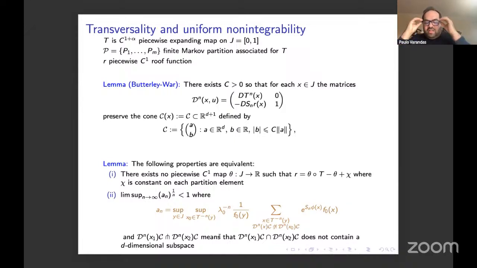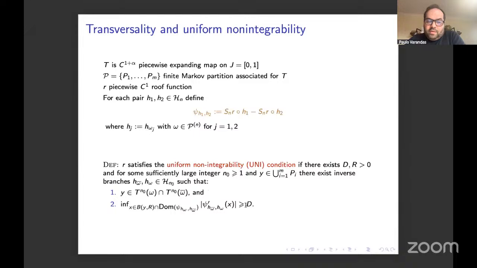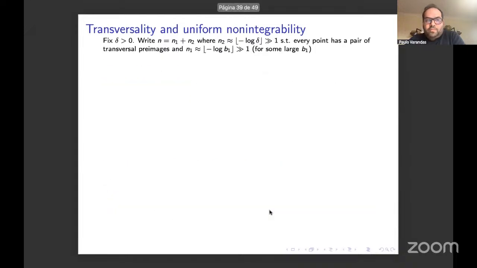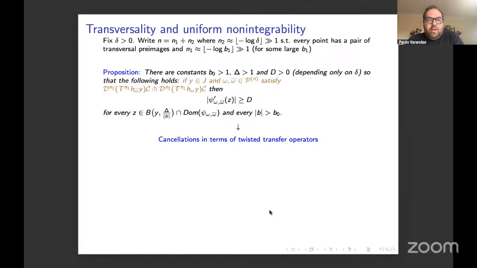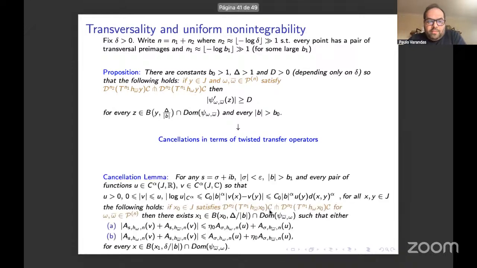So it boils down to showing that if you are not homologous to a piecewise constant function, then actually you can produce these cancellations. You can produce this positive derivative here. Okay.